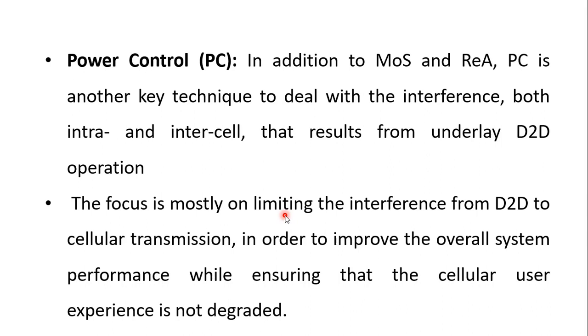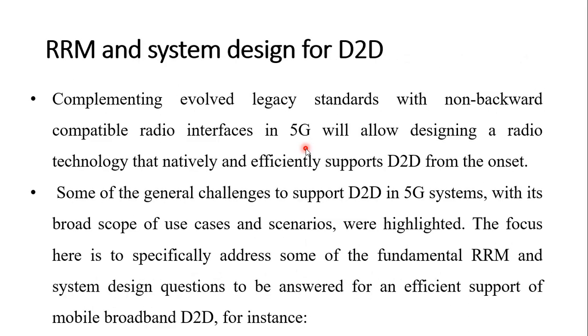The focus is mostly on limiting the interference from D2D to the cellular transmission in order to improve the overall system performance while ensuring that the cellular user experience is not degraded. It limits both intra-cell and inter-cell interference, which result from underlay D2D operation. So the power control should be provided during the transmission, either from D2D or from D2D to the base station. Next, RRM and system design for D2D.